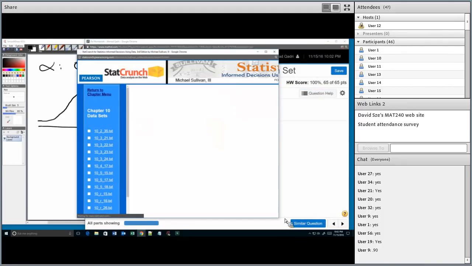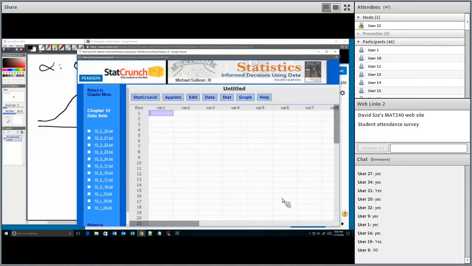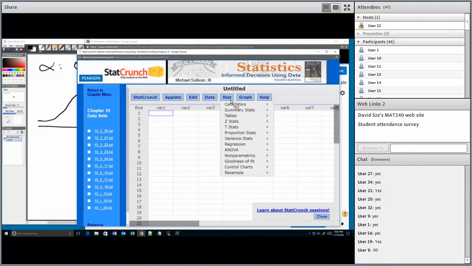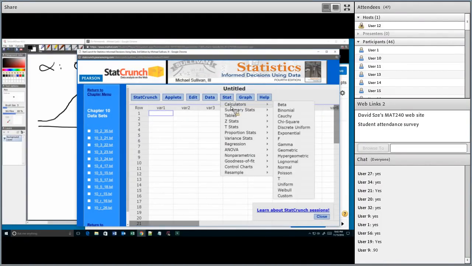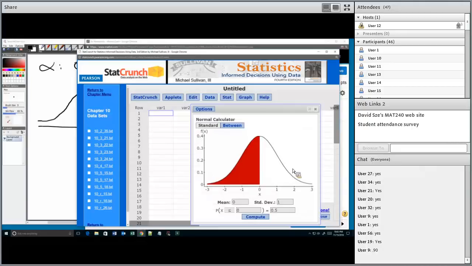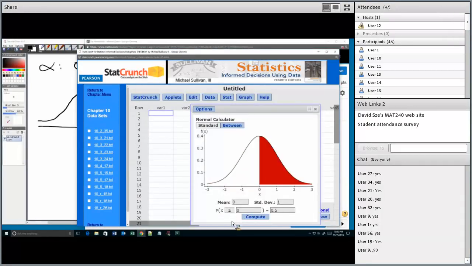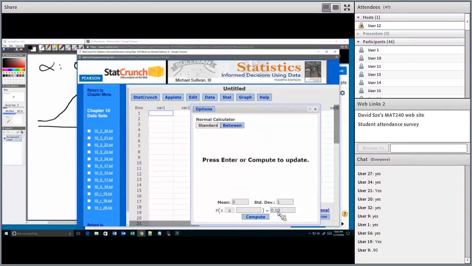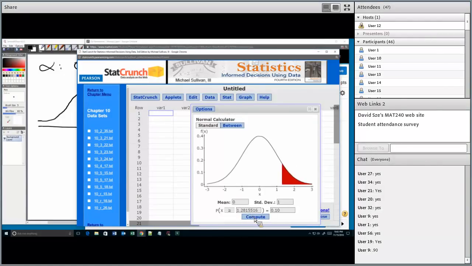For some reason it always blocks the first time I use it. I don't know why. Okay, and how do I do it? I'm going to go to Stat, Calculator, and I'm going to go to Normal. And here, all I have to do is change this sign to greater, change this to 0.10, which is what the question gave me, and I need my critical value here.